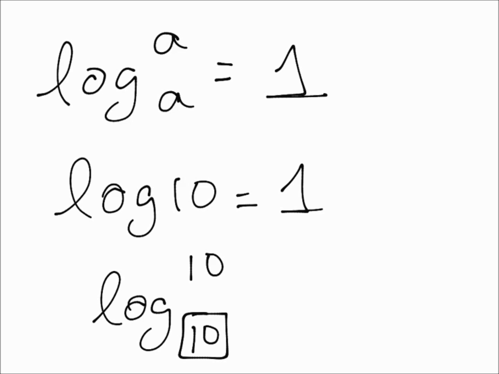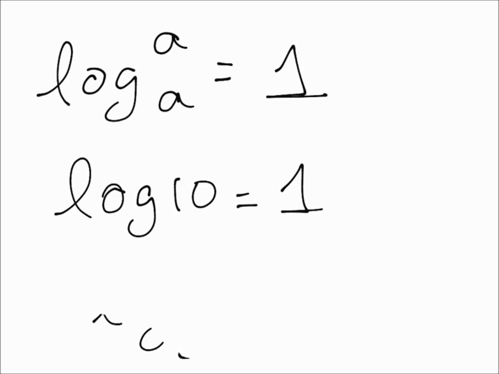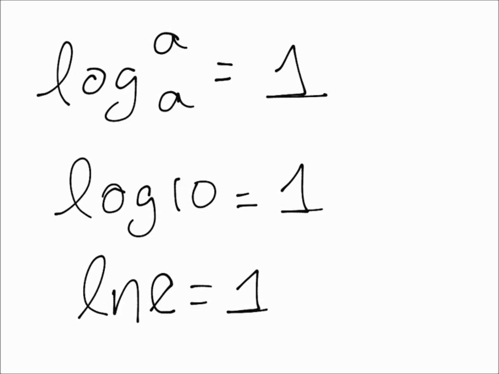In the same way, ln of e will also be equal to 1. So when the subscript is equal to the superscript, the value will be equal to 1. So that's rule number 1.